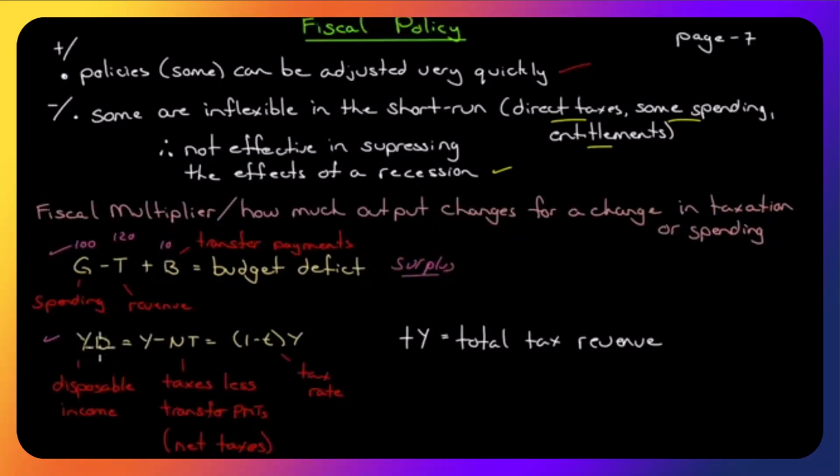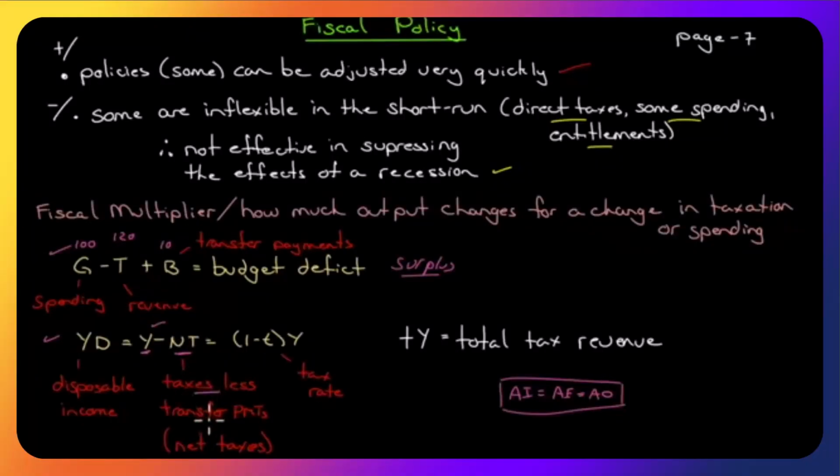The next one, YD. YD means disposable income. So our disposable income is equal to Y minus NT, where Y is national income or output. We have that identity that aggregate income equals aggregate expenditure equals aggregate output. That's an identity from macroeconomics. So Y being output is also income. So disposable income is equal to our total income minus our net taxes.